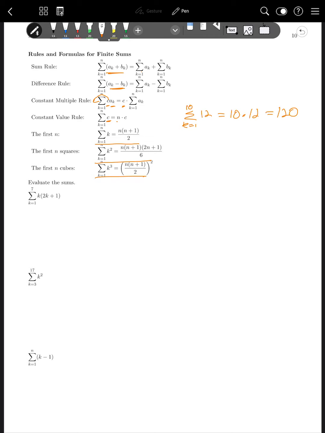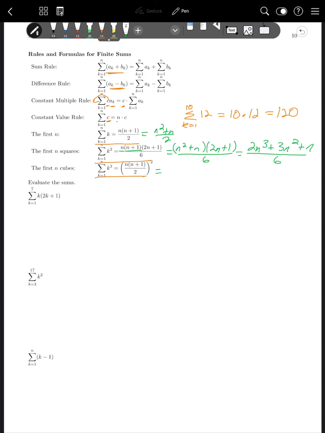But later on, to save ourselves some time, we're going to want these multiplied out. So another way to write n times n plus 1 over 2 is as n squared plus n over 2. Another way to write the second one, I can multiply the first two factors together. So that's n squared plus n times 2n plus 1 over 6. We multiply that out and we get 2n cubed plus 3n squared plus n over 6.